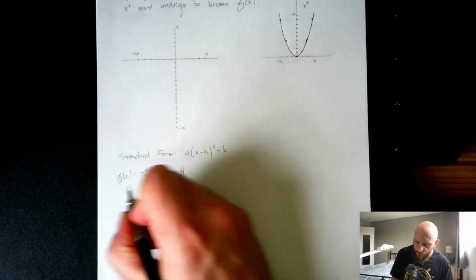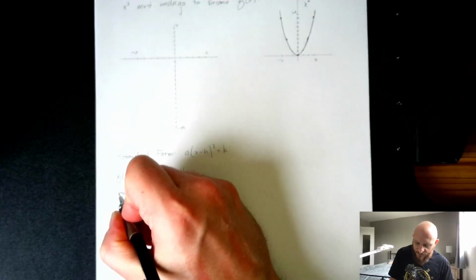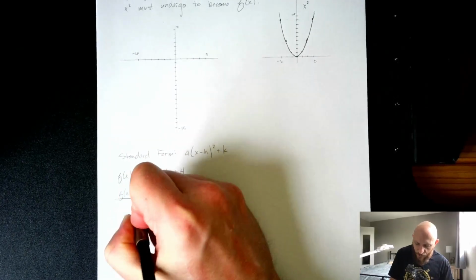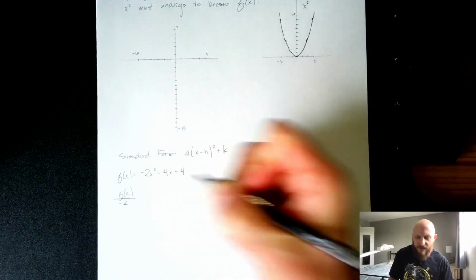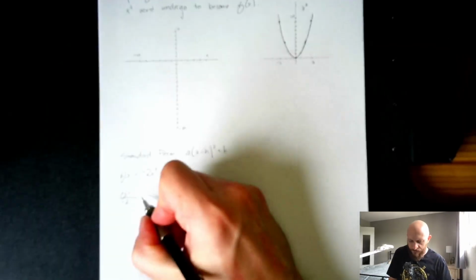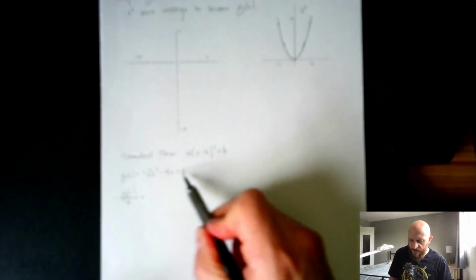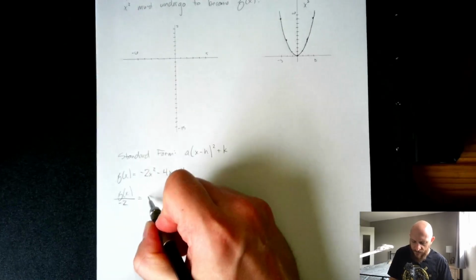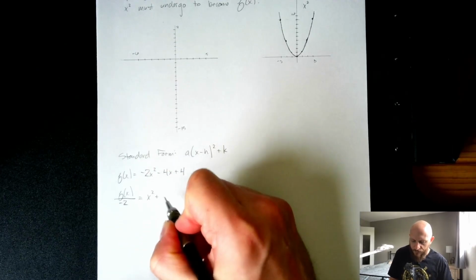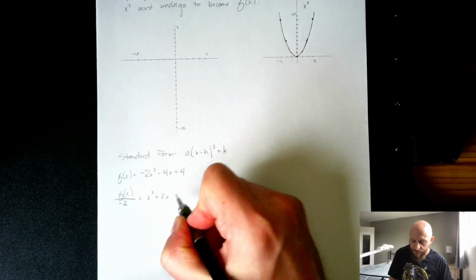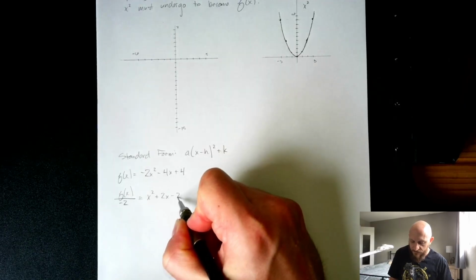So I'm going to divide both the left and right by a, and I'm going to write it this way: f of x over negative 2 equals, and now dividing negative 2 out of the right hand side, becomes x squared plus 2x minus 2.